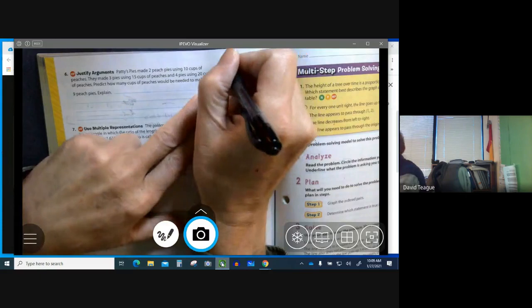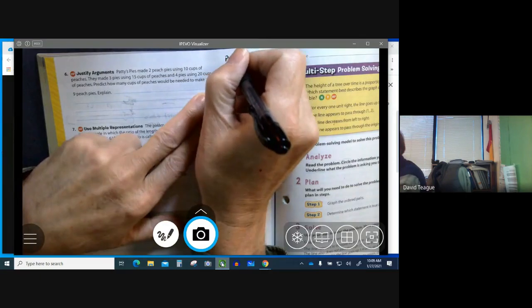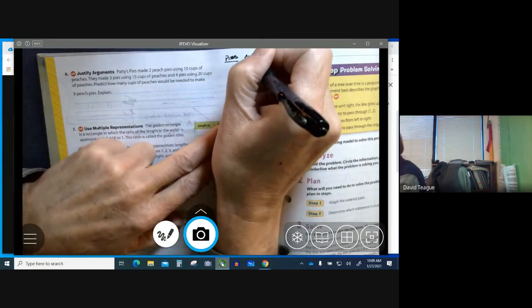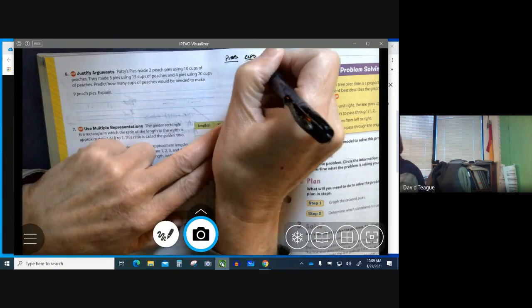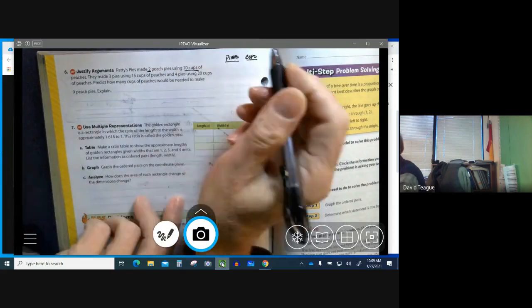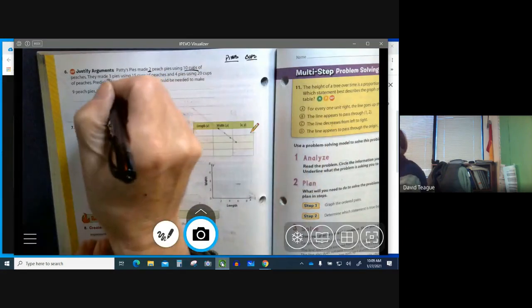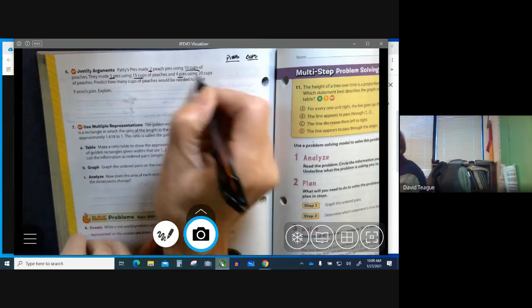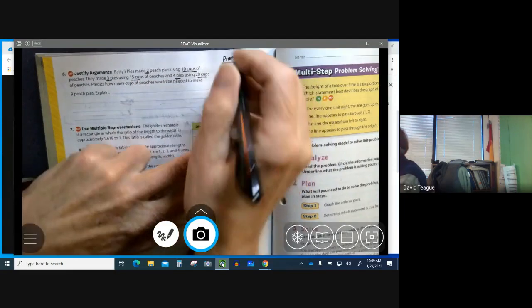So let's create a ratio table. So we have pies, right? And we have the cups of peaches, right? That's our ratio, right? We have 2 pies to 10 cups, right? And then we have 3 pies to 15 cups, and we have 4 pies to 20 cups, okay?